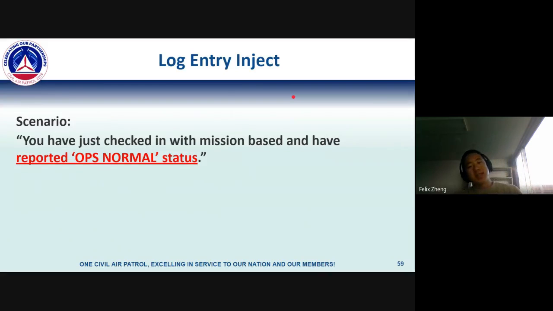So here's the next log entry inject. You have just checked in with mission base and you just reported to them ops normal, or operations normal. So write that down on your log forms.